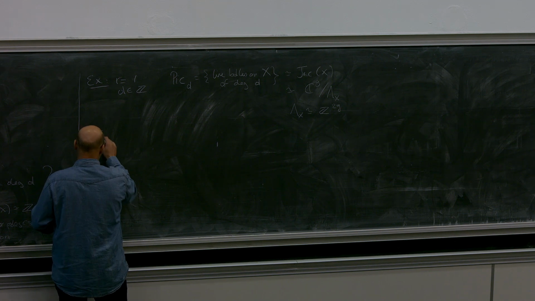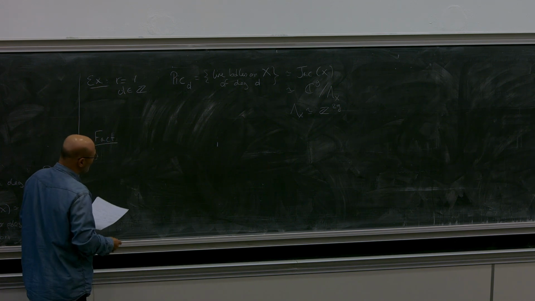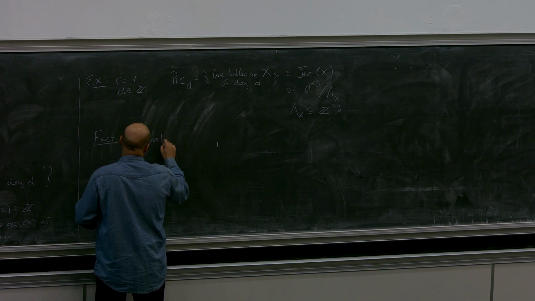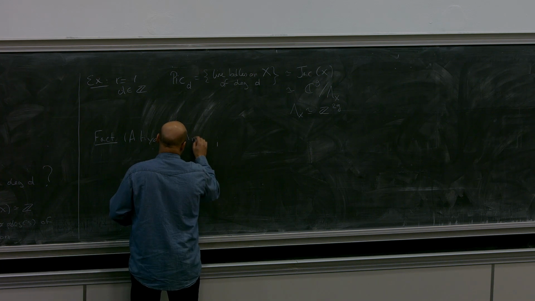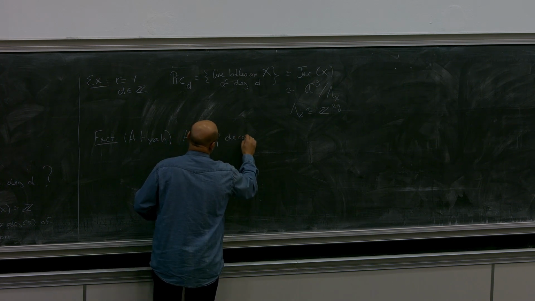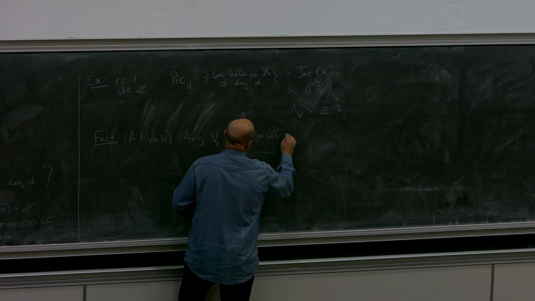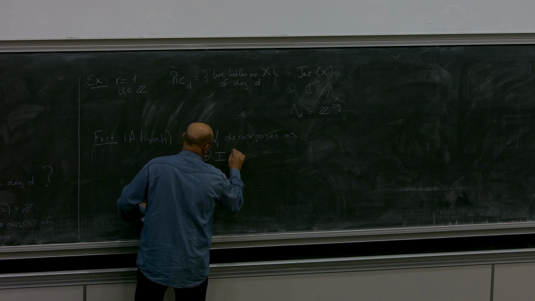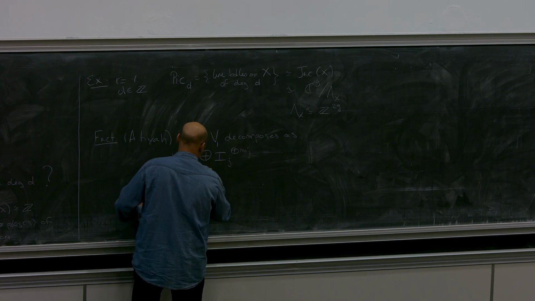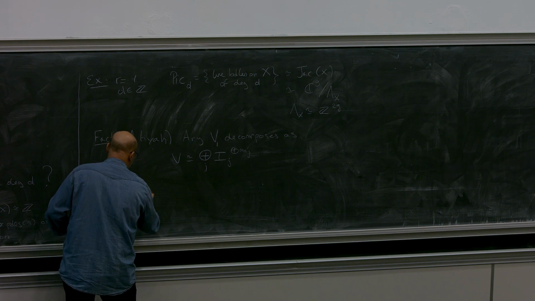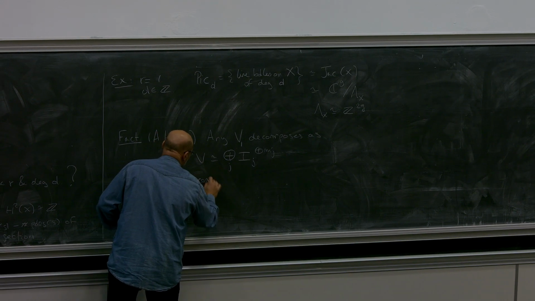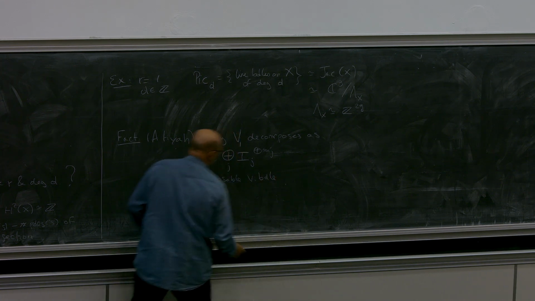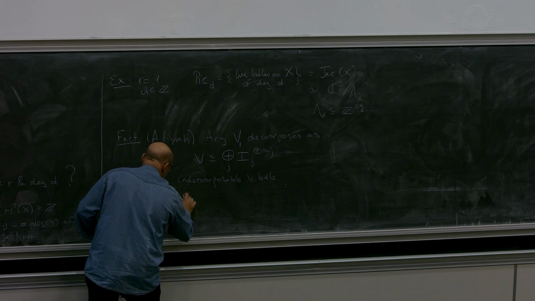So here's a nice fact, which probably goes back further, but at least you can find a nice account of it in a paper of Atiyah. It says any vector bundle V decomposes as a direct sum of indecomposables, where the V_i are indecomposable vector bundles and the m_i are just the multiplicities.